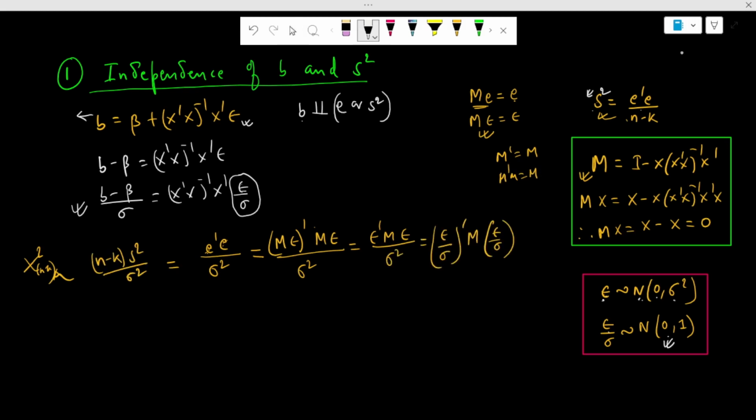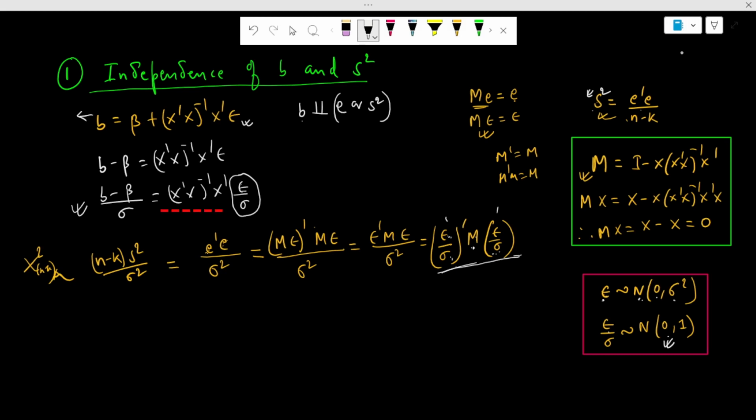And here again epsilon divided by sigma is standard normal. So this is an idempotent quadratic form. Our M is the idempotent matrix, and epsilon divided by sigma is our standard normal. So this expression is actually the idempotent quadratic form of the standard normal.